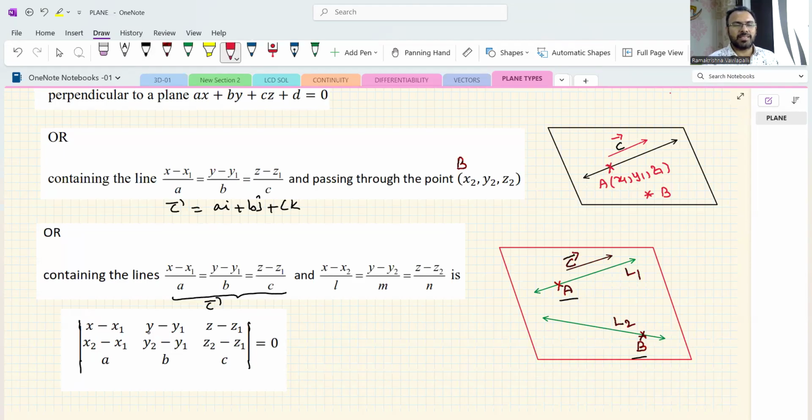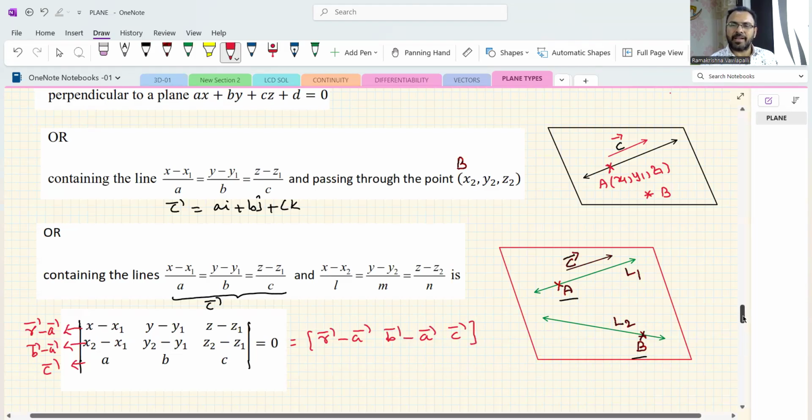So this is nothing but the box of r bar minus a bar, b bar minus a bar, and c bar vector, all in one.